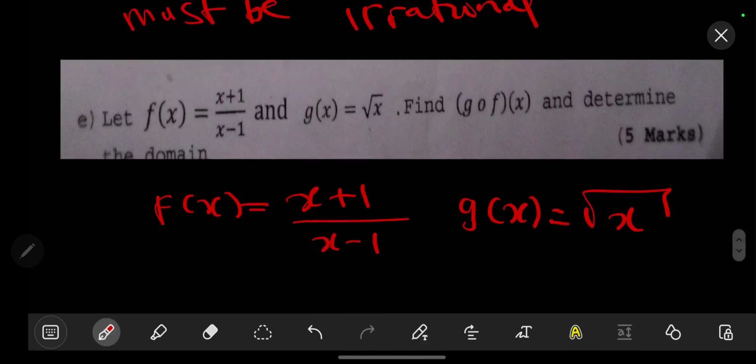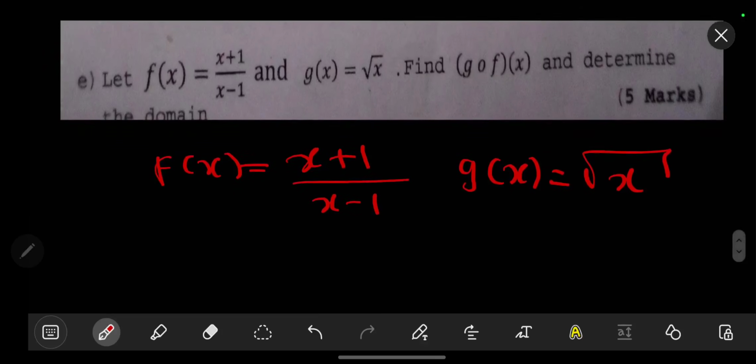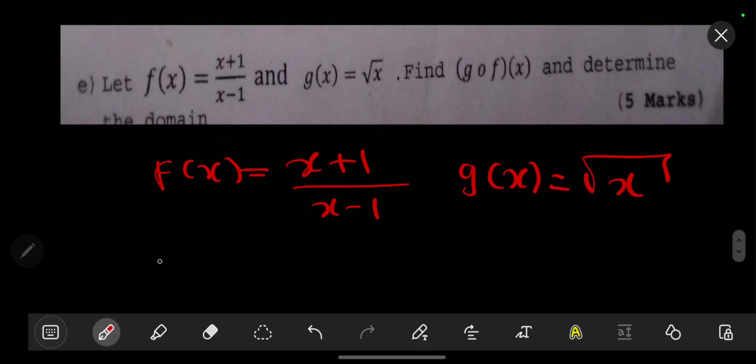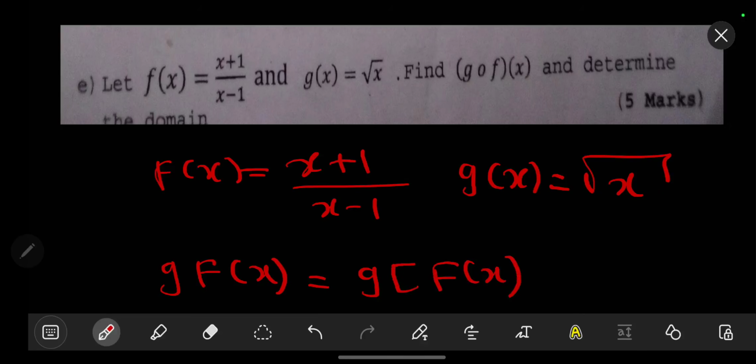So to find g f of x and determine the domain, g f of x is the same as having the function g, where there is x, we put the function f of x. That's the meaning.